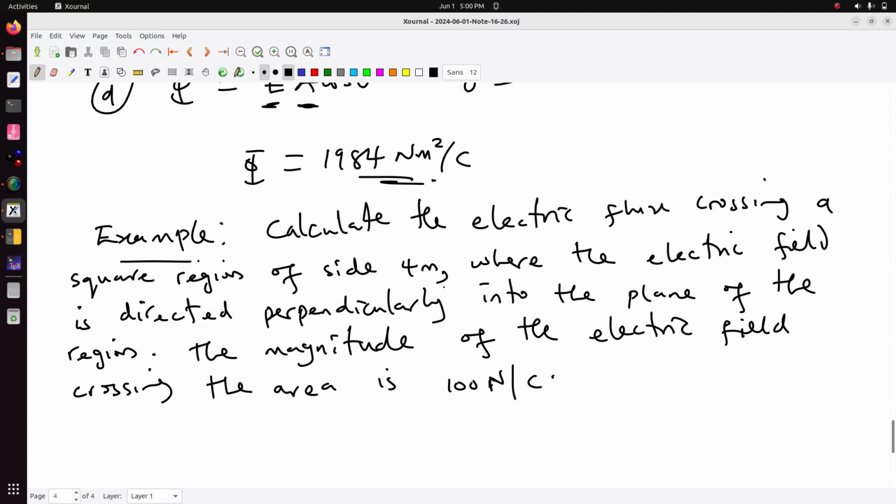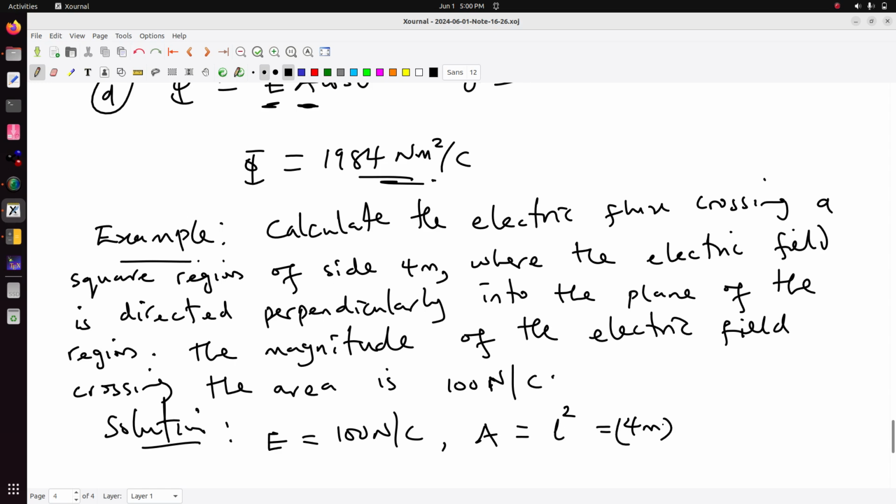The magnitude of the electric field crossing the area is 100 newtons per coulomb. So solution. The electric field is 100 newtons per coulomb. To determine the area, we're given the length of the square, so the area is L squared, which is 4 meters squared, which is 16 meter squared. So that is the area.